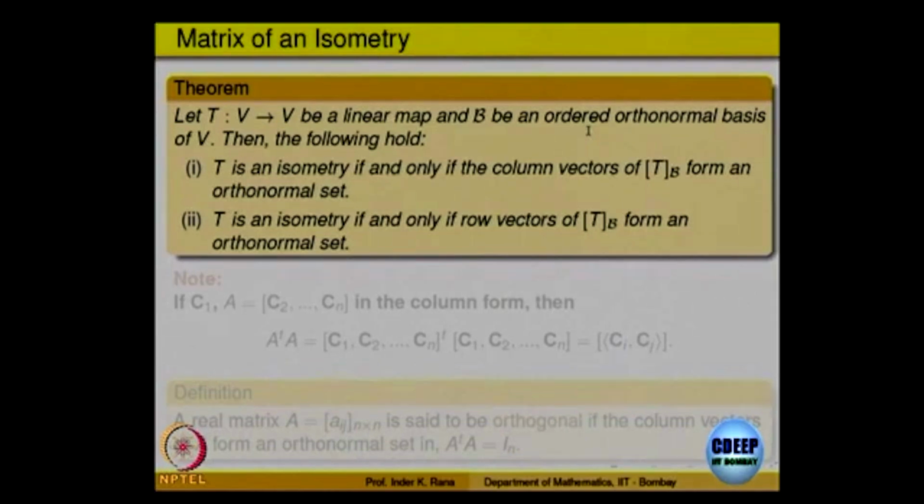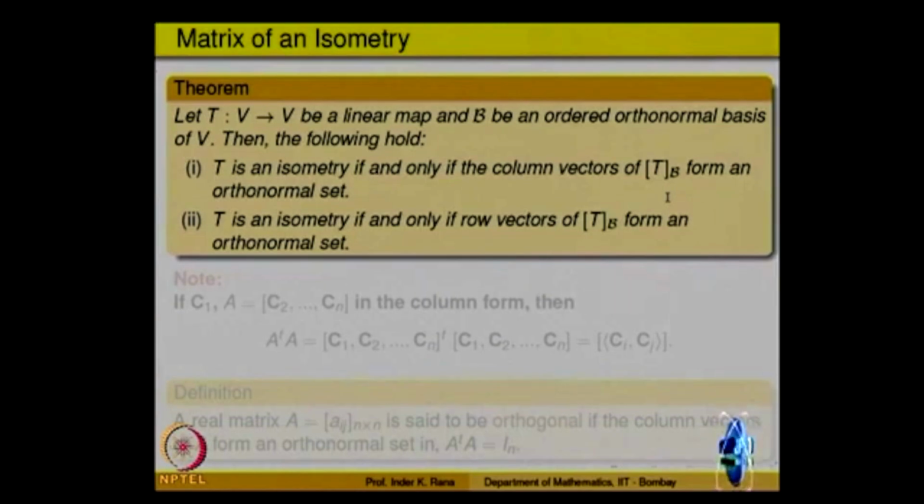And the important thing is, T is an isometry if and only if the column vectors of the matrix of T form an orthonormal set. So given any linear transformation and an ordered basis, you will get a matrix, so you will get the column vectors.